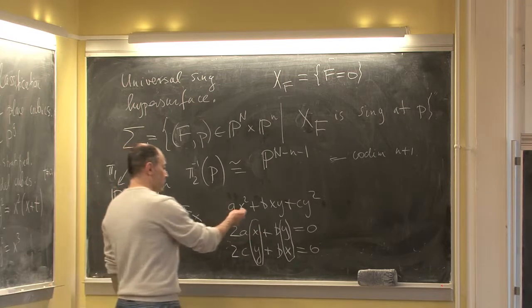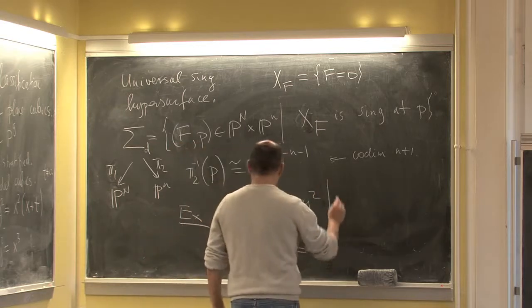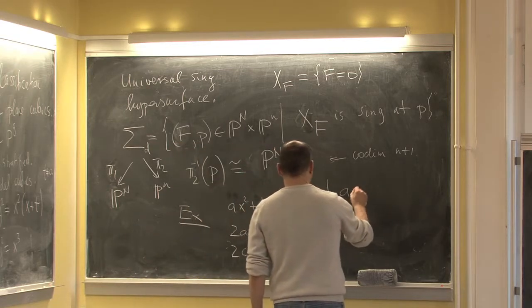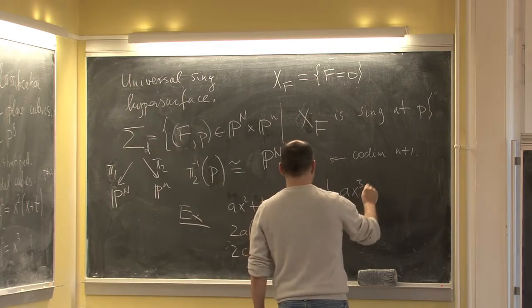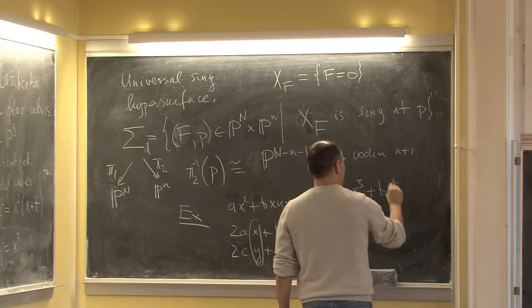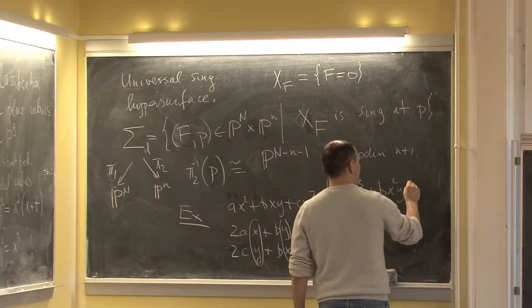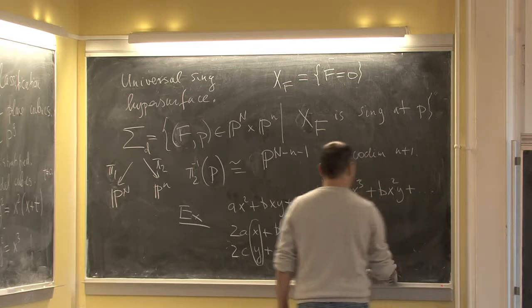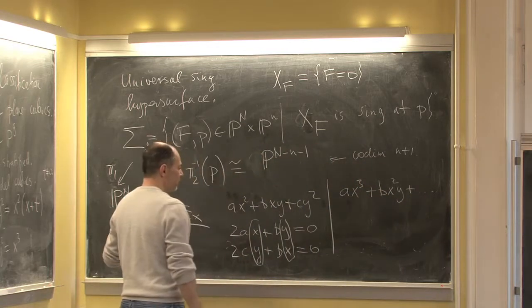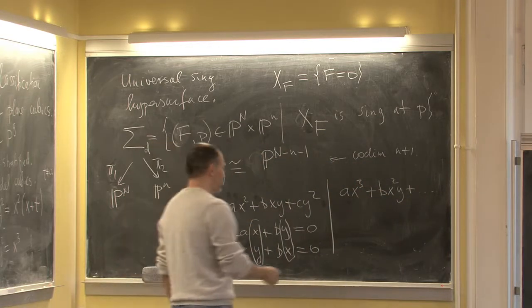Now if you do a higher degree one, so you do, say, ax cubed plus bx squared y plus etc. You do the next case, let's write down the equations again.